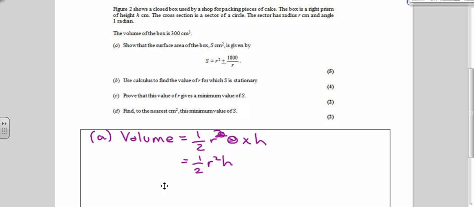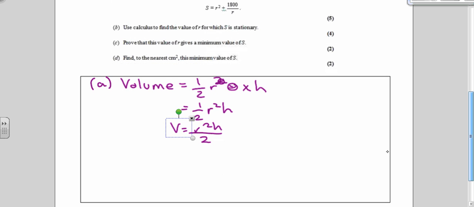So V equals r squared h over 2. And because we know that is equal to 300 centimeters cubed, we can say that h is equal to 600 over r squared. So now we have an equation for h, we can find the surface area.